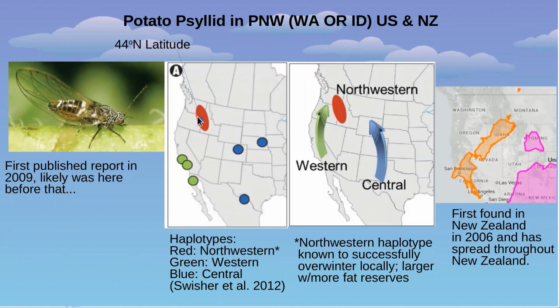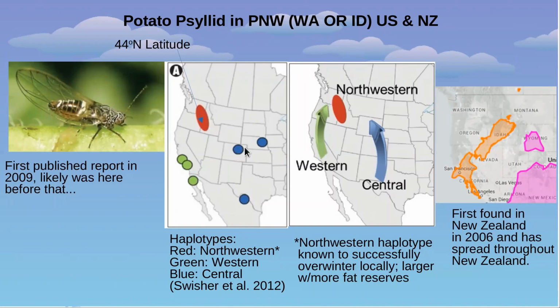So the thing about potato psyllid is that there are 3 or more haplotypes in the US. And at the time that this paper came out, there were 3 identified haplotypes. Newly discovered, we have the northwestern haplotype that overwinters successfully here.